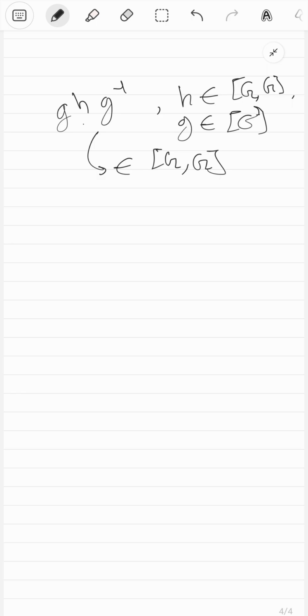Okay, so what we want to do is be able to write this as a commutator of something else. How are we going to do that? We could have the identity or something.